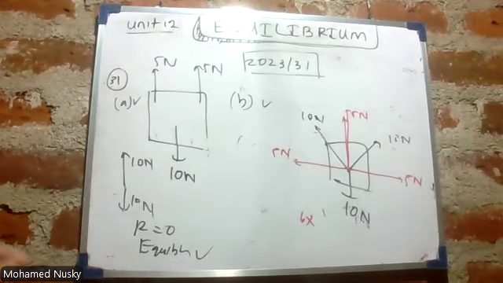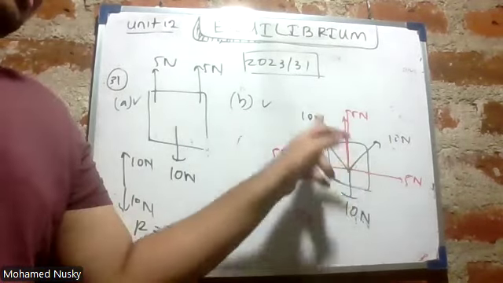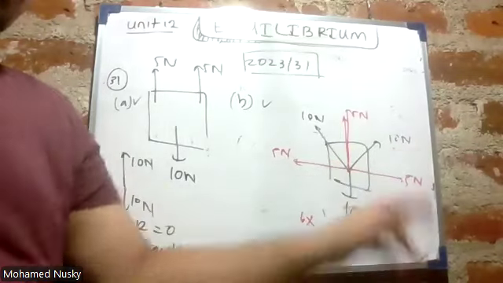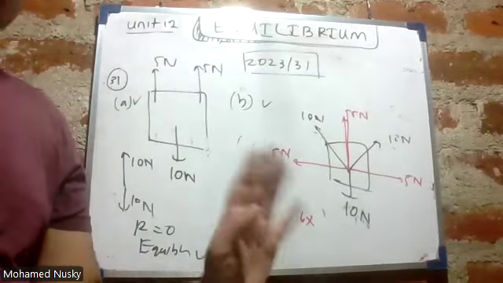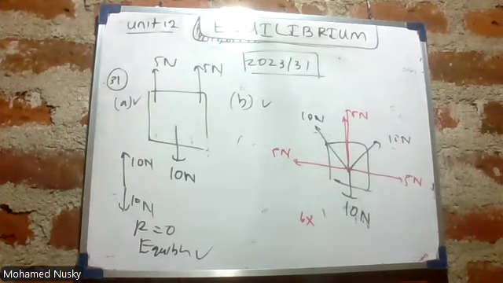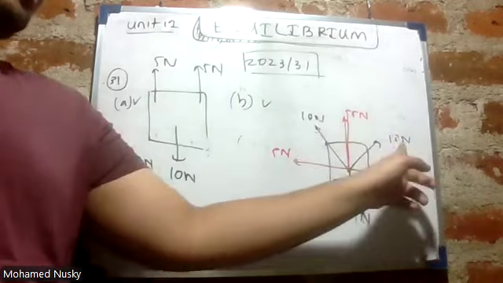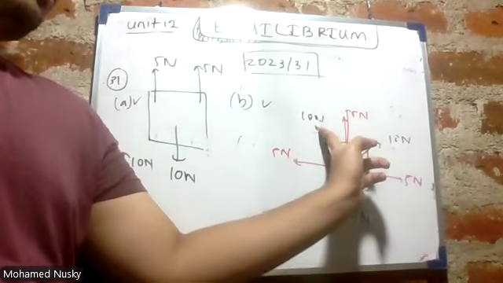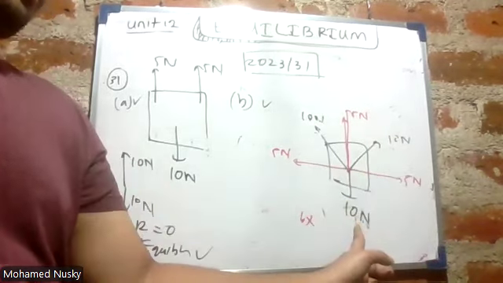Remember, when three forces are acting on the body like this, all three forces should be equal in magnitude. Then only the resultant force will be zero. Here it's given 5 Newton, 5 Newton, 10 Newton.